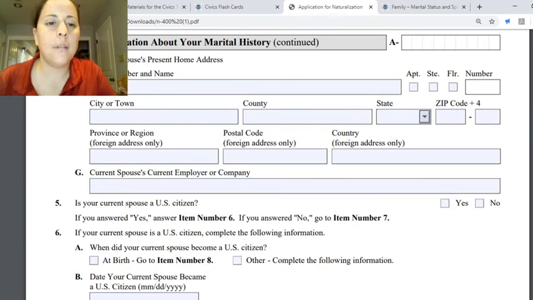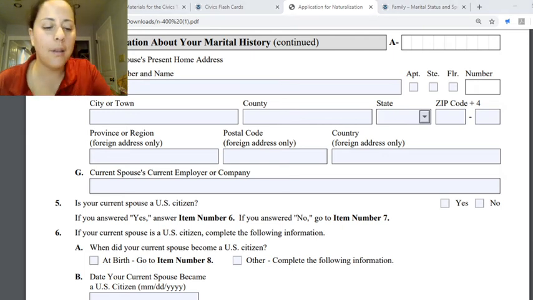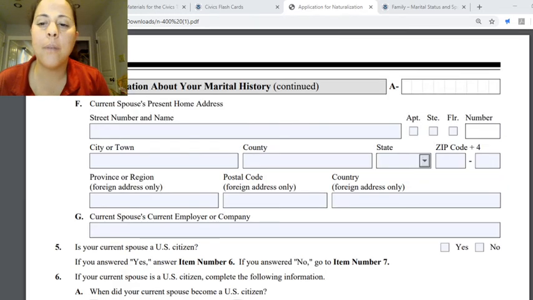Let's look at current spouse present home address. Let's use Mrs. Tanaka's information about her spouse to look for his current present home address. We don't know the street number and name. That's okay. Let's pretend: 510 West Broadway. City or town: we know this.